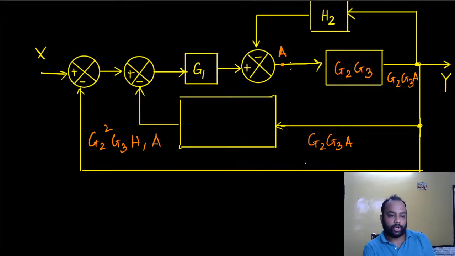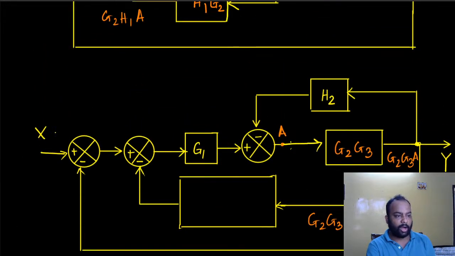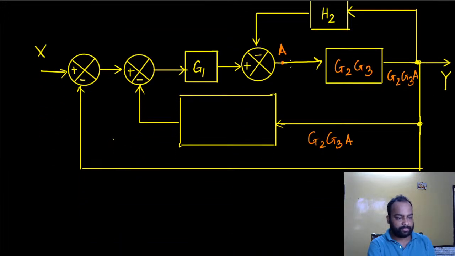All right, so I have G2, G3A as the input, and what output do I want? I want the output to be G2 H1A, just for the sake of equivalence. So my input is G2 G3A, and my output has to be G2 H1A.